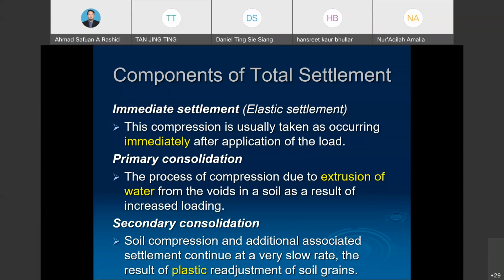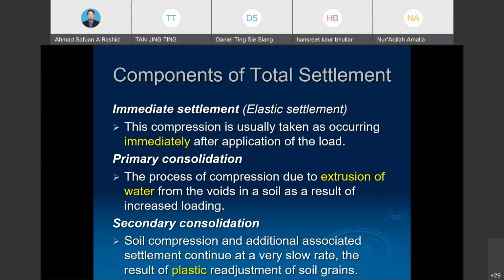So then if you increase more, there will be an extrusion of water from the same material, and they still have a remain of water inside the sponge. So begitulah keadaan apabila kita apply load on a saturated soil.